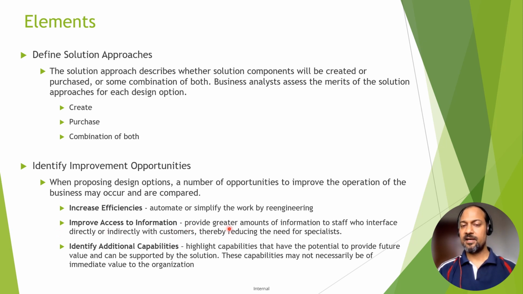It's like providing a greater amount of information to staff who interface directly or indirectly with customers, thereby reducing the need for the specialist. The third way is identify additional capabilities. Here, highlight the capabilities that have the potential to provide future value and can be supported by the solution. These capabilities may not necessarily be of immediate value to the organization.